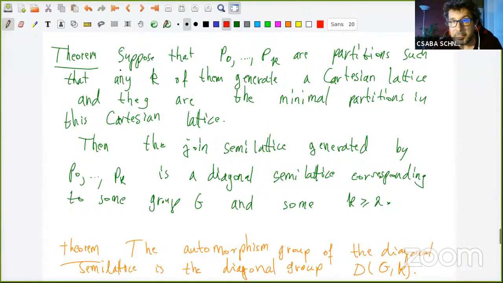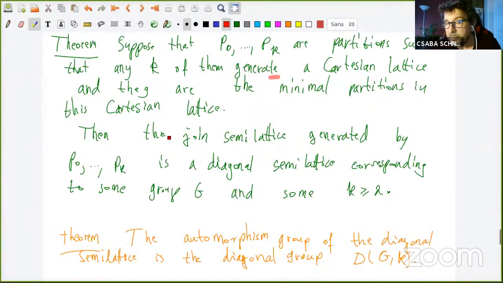This is what this result says: supposing you have k plus 1 partitions of a set, any set, such that any k of these k plus 1 partitions generate a Cartesian lattice, and these k partitions are the minimal partitions in this Cartesian lattice, then the join semilattice generated by these partitions is a diagonal semilattice corresponding to some group and some number k, at least 2.